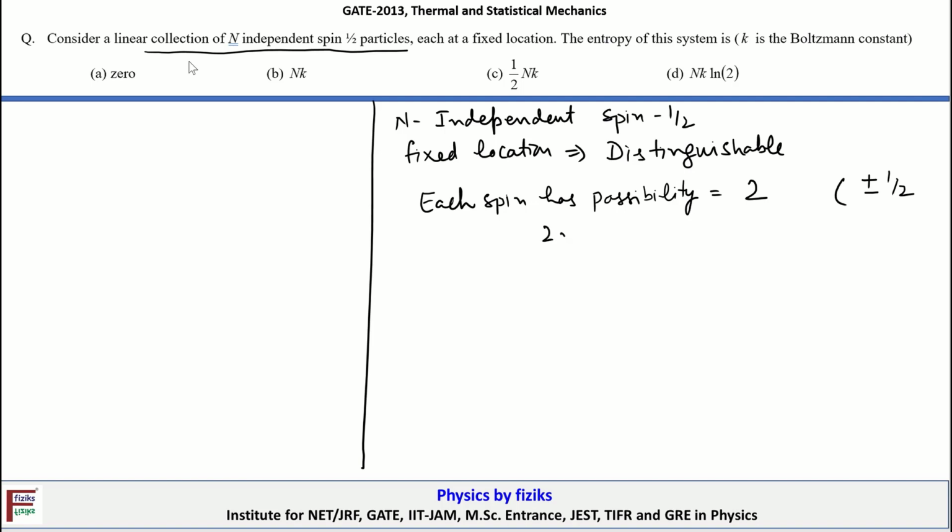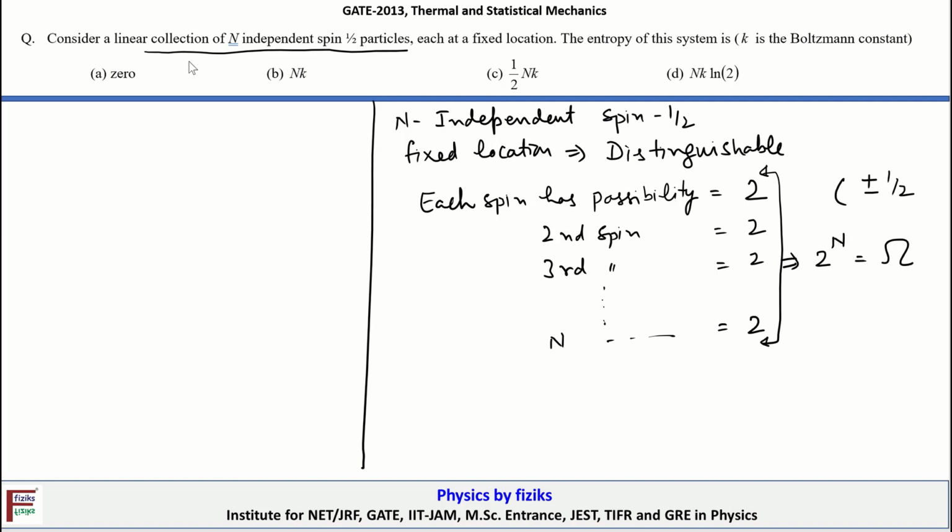The second spin is also having two possible orientations. The third spin is also having two possible orientations. This way the nth spin will also have two orientations. Because the orientation of each spin is completely independent from the orientation of another spin, the total possibilities are the multiplication of all these n terms, that is equal to 2 power n. That basically represents the number of microstates corresponding to this system.